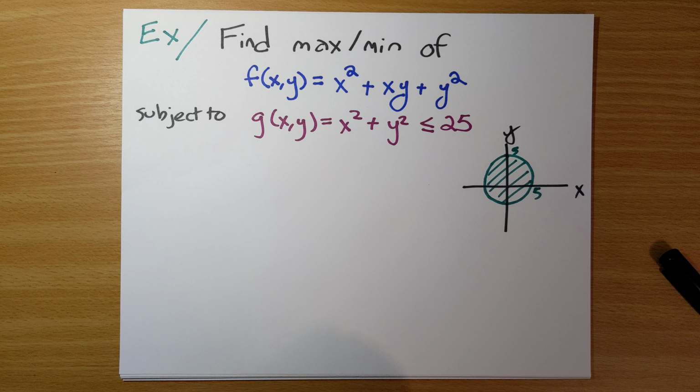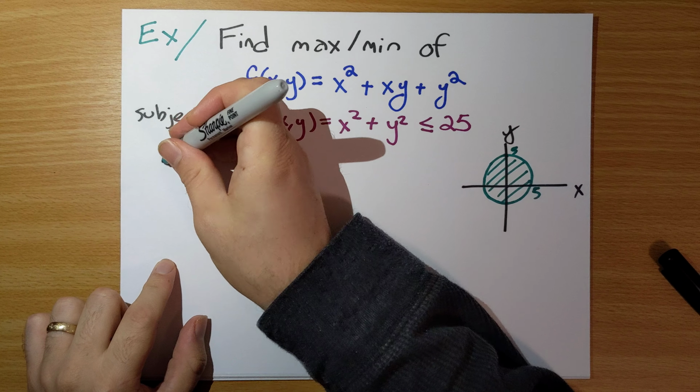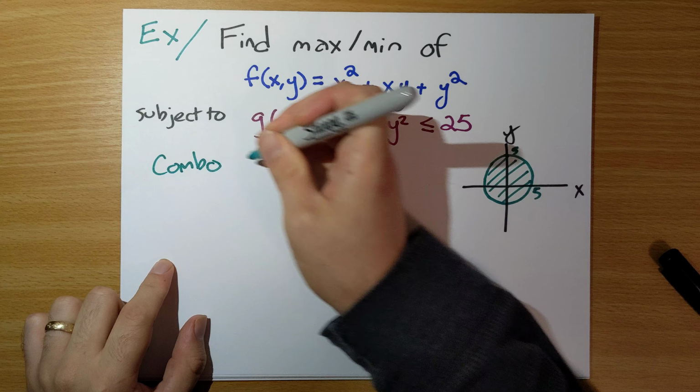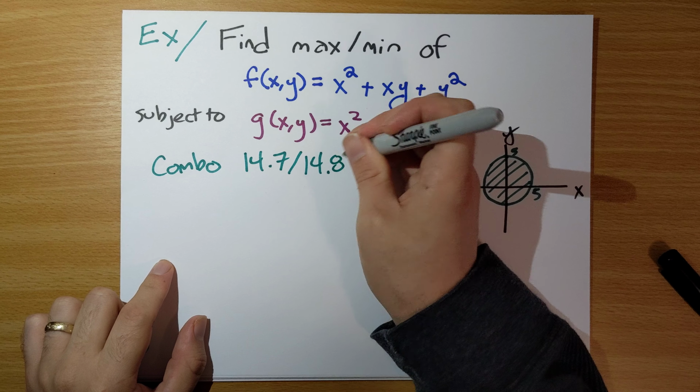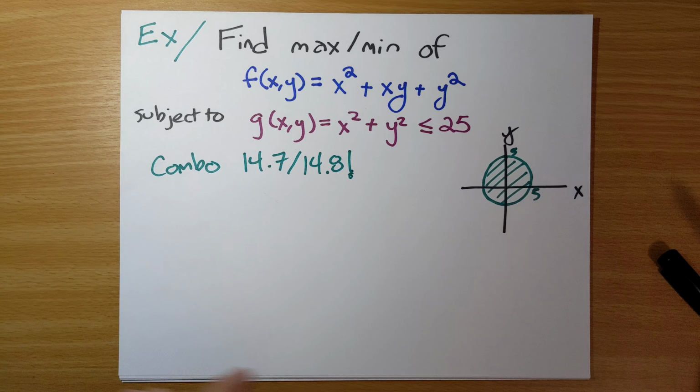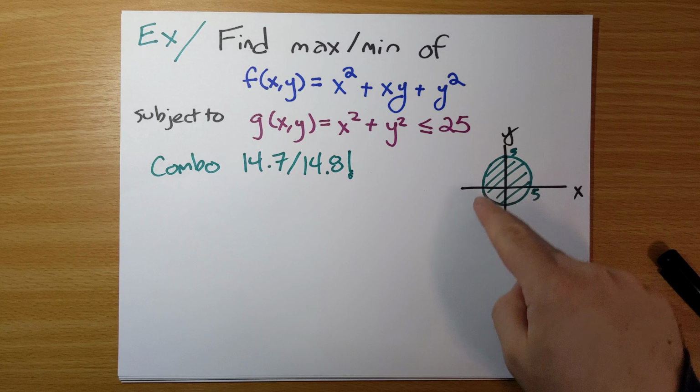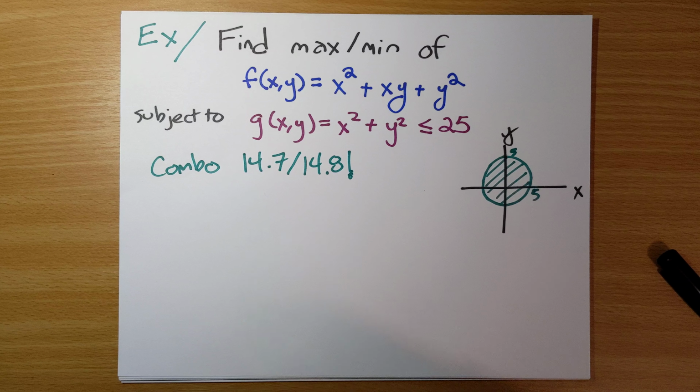So how do we attack this problem? We need to realize that this is actually a combo. It's a 14.7, 14.8 combo. We're trying to find maximum values on a closed bounded domain. That's something that we learned about in the last section.